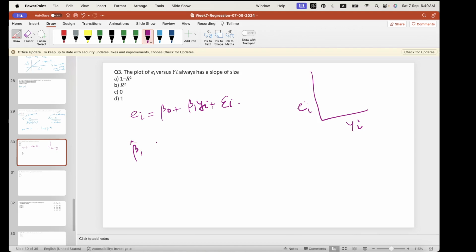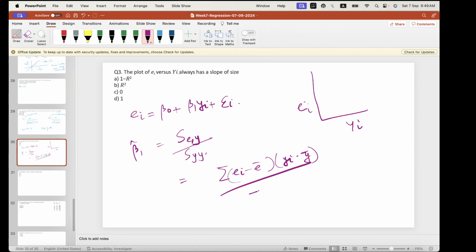Then beta 1 hat will be how much? It will be Sxy by Sxx, where x will be E, so that will be SEY by SYY. Okay, so this one we can write as summation Ei minus E bar times Yi minus Y bar divided by summation Yi minus Y bar whole square.